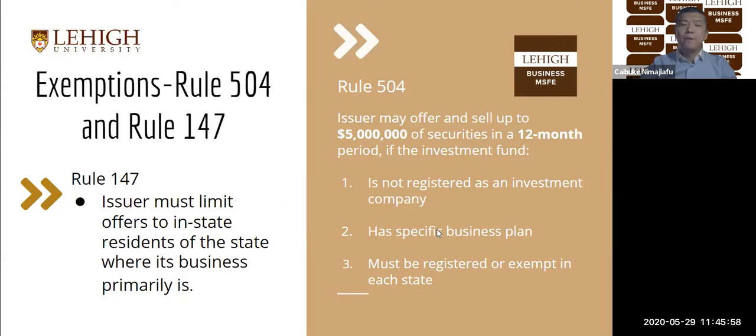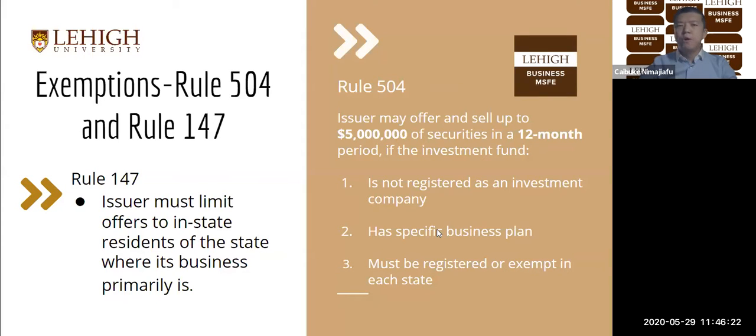There are some other exemptions available, Rule 504 and Rule 147. These exemptions do not apply to investment companies. If the investment vehicle is registered as an investment company, then these exemptions cannot be used.